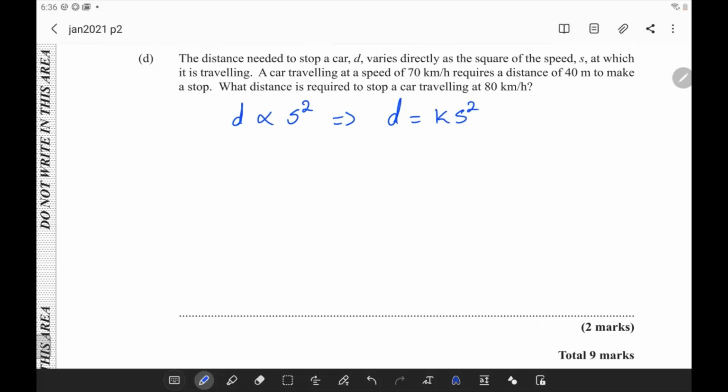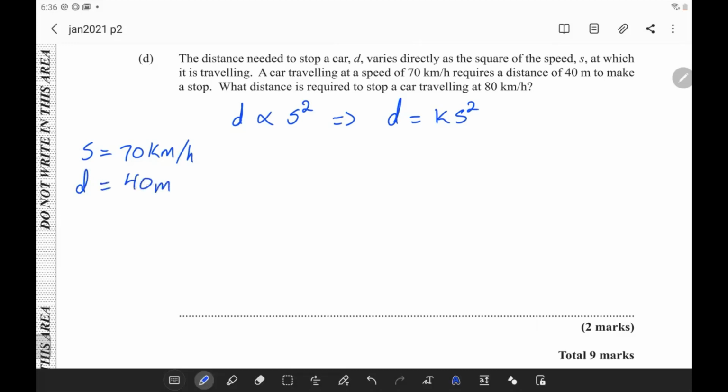Okay, so it is traveling at 70 kilometers per hour, so that is our speed. And it requires a distance of 40 meters to make this stop. So the corresponding distance is 40 meters.